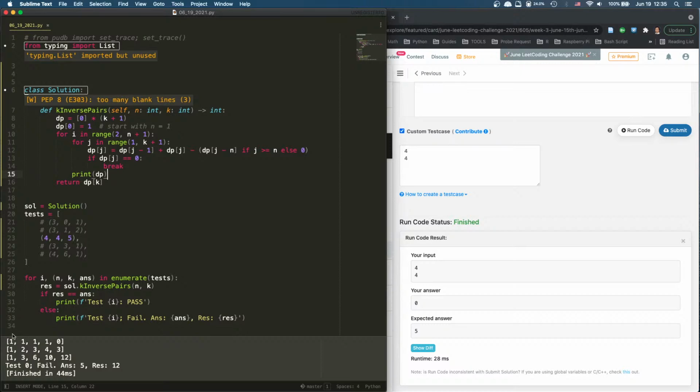And then the next one is going to be j equals j minus 1, this, plus dp[j] should be 0, right? And then minus dp[j minus n]. So j is 2, 2 minus 2 is 0, right? So it shall be 0.